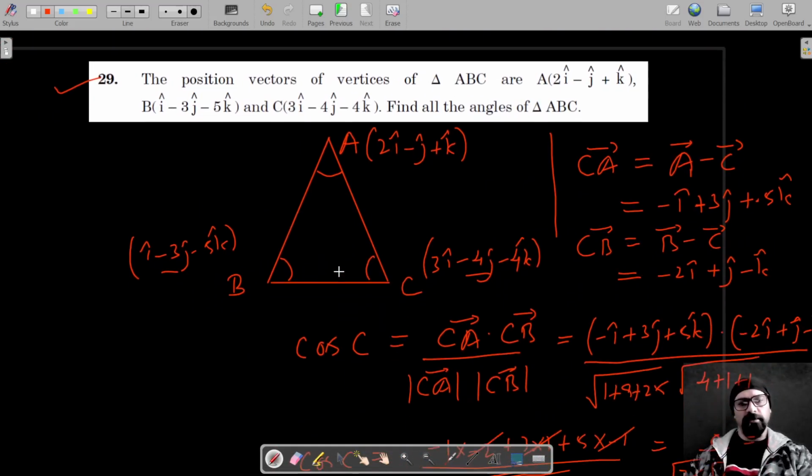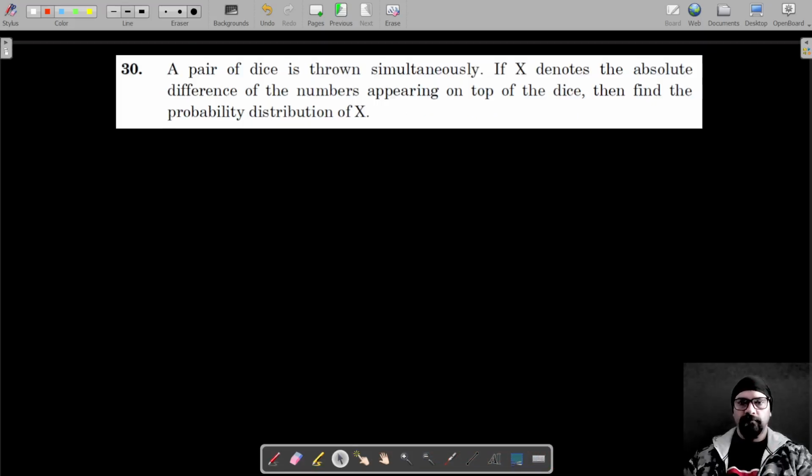Moving on to question number 30. It's given that a pair of dice is thrown simultaneously, and if x denotes the absolute difference of the numbers appearing on top of the dice, then we have to find the probability distribution of x.